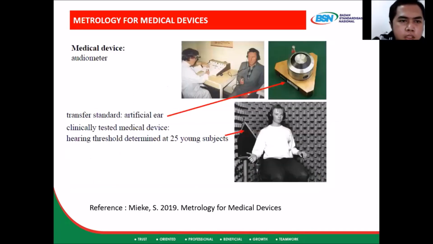For example, the medical device audiometer. This audiometer is calibrated using a transfer standard, which is an artificial ear. This artificial ear is a clinically tested medical device, with hearing threshold determined on 25 young subjects.